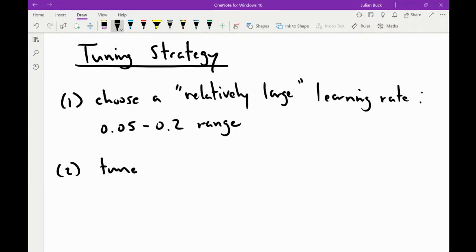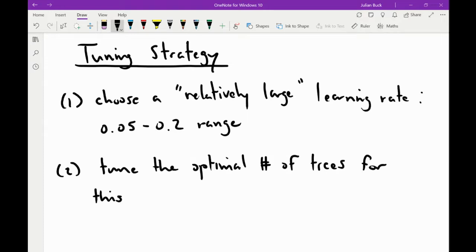Then we tune the optimal number of trees for this learning rate. So just to be clear, 0.05 is common, 0.1 is as well, values like that, but something in that range.